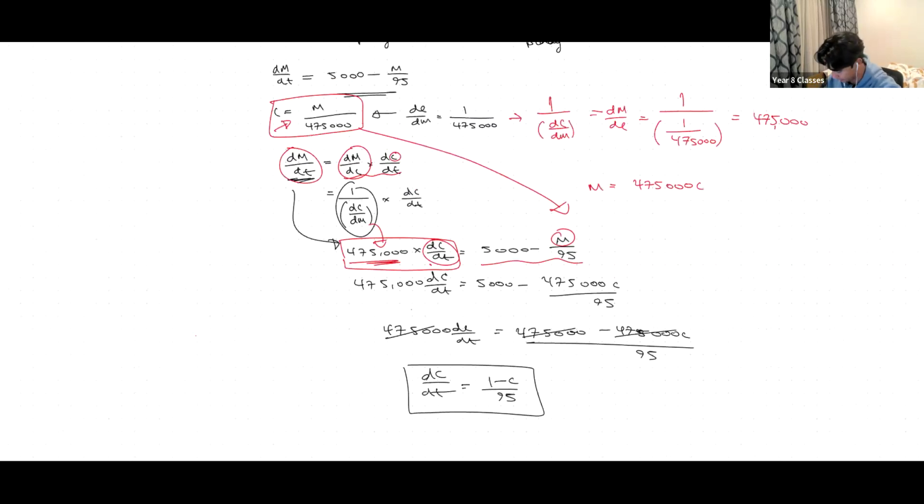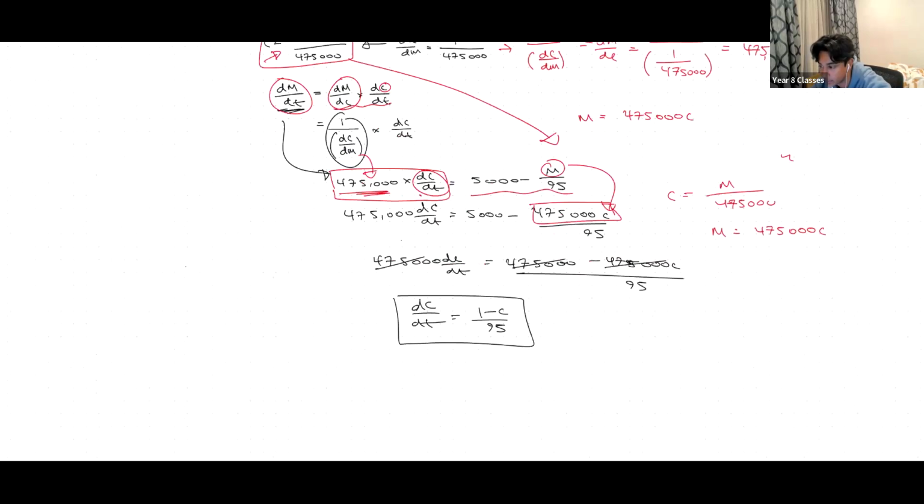So therefore m equals 475,000 C. That's how I went from this to this here. And then from there, it's just combining the fractions, and then you get your answer.